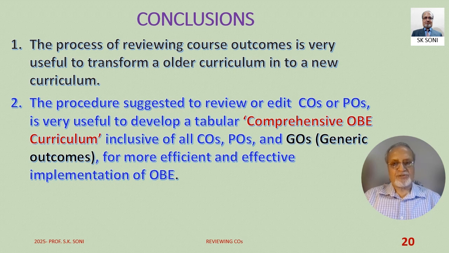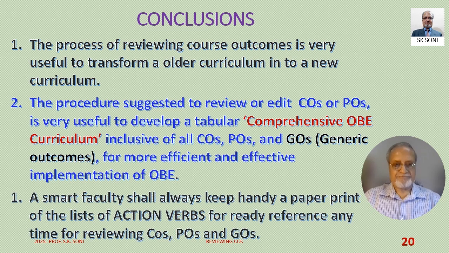The procedure suggested to review or edit COs and POs is very useful to develop a tabular, comprehensive OBE curriculum inclusive of all COs, POs, GOs, generic outcomes, for more efficient and effective implementation of OBE. 3. A smart faculty shall always keep handy a paper print of list of active verbs for ready reference any time for reviewing COs, POs, and GOs.